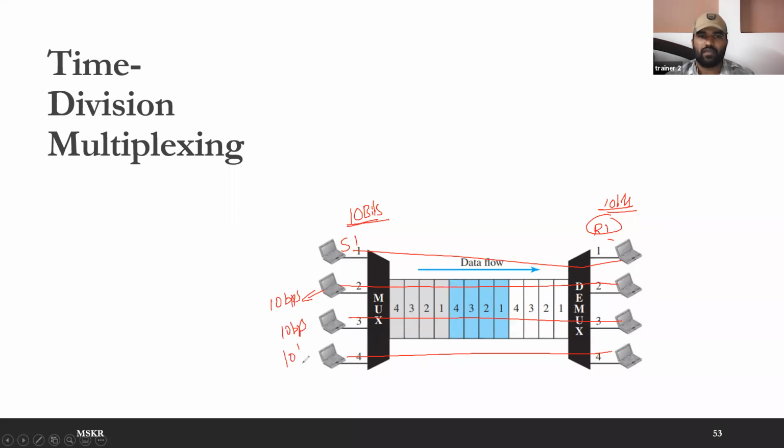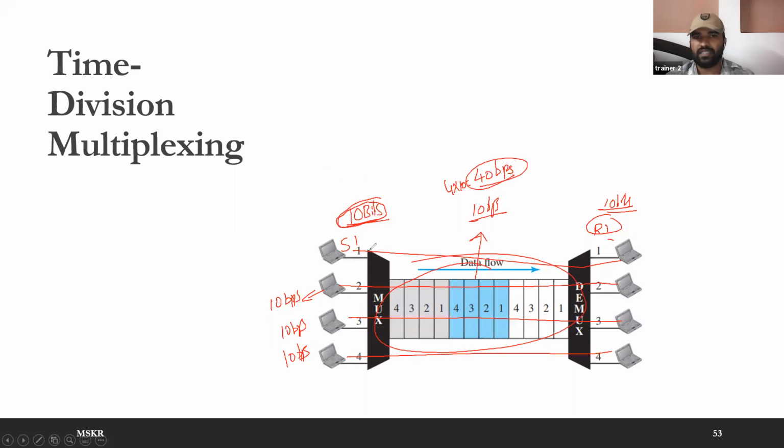When you share the medium with respect to time, if the medium speed is also 10 bits per second, it is not possible. So the medium speed must be 4 into 10, that is 40 bits per second at least. So 40 bits per second is the speed of this medium. What you are going to do is compress these 10 bits.